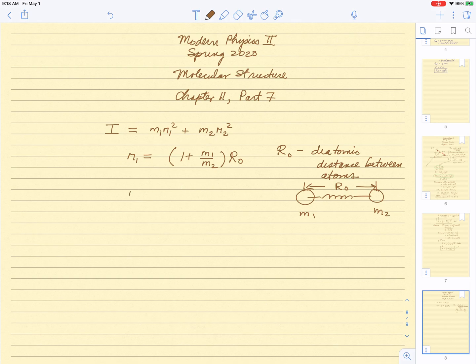Okay, and we have that R2 is equal to R2 is R2, if I can find it here, hang on a second.